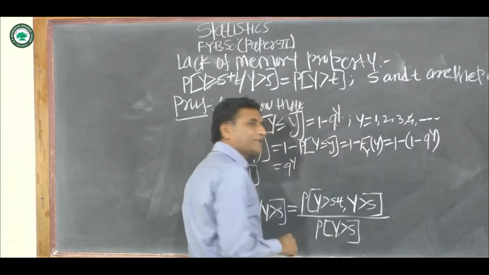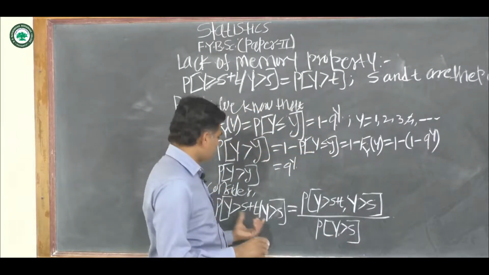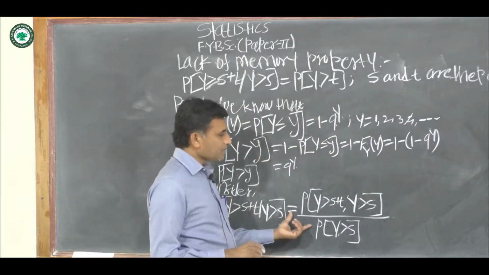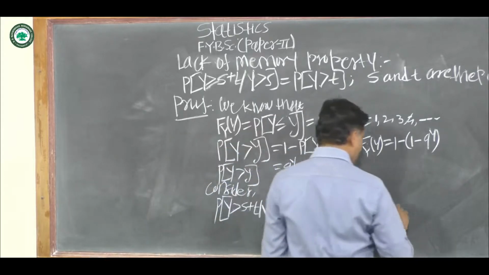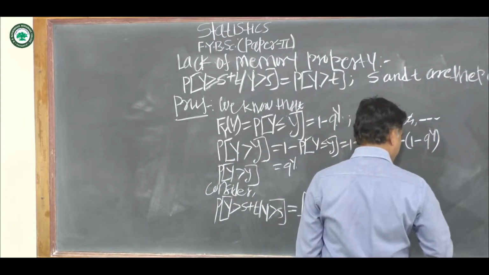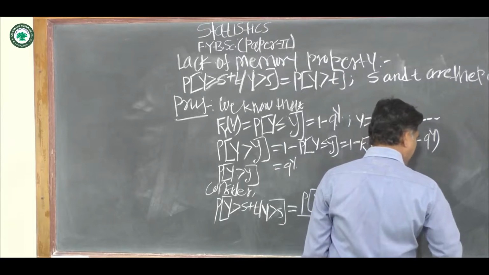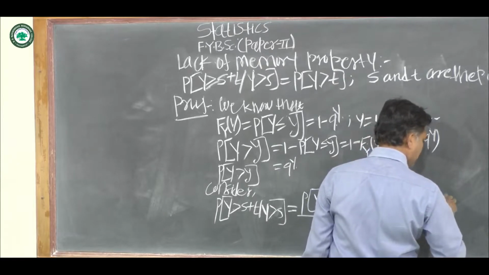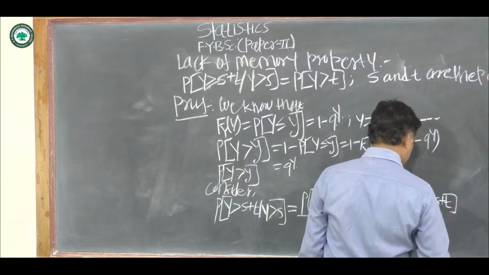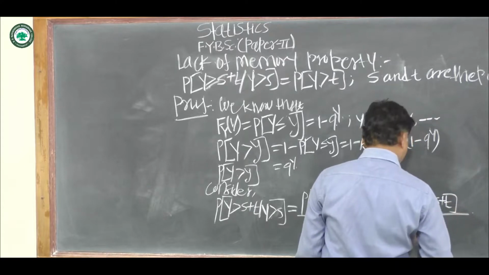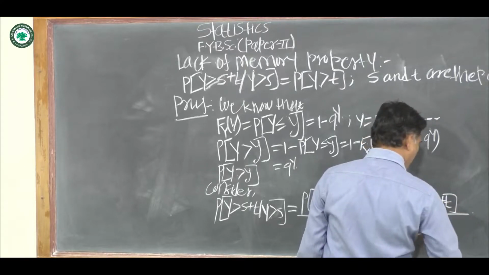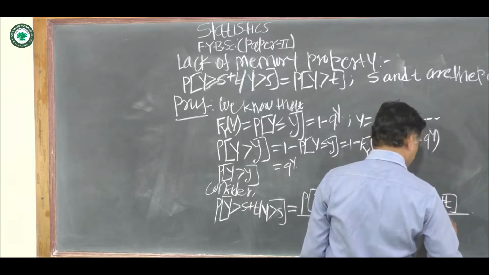Okay, by using the definition of conditional probability, this is equal to probability of Y greater than s plus t upon probability of Y greater than s.